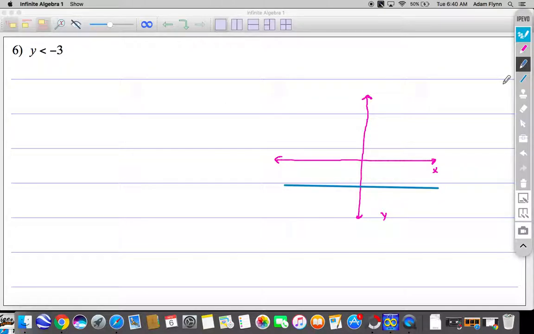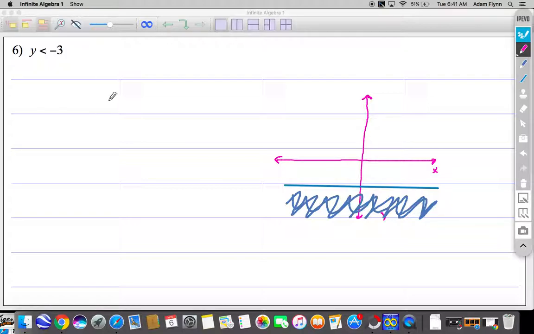Okay, just like that. So here I'm looking for all the points of y that are less than negative 3. So that would be all these points down here.